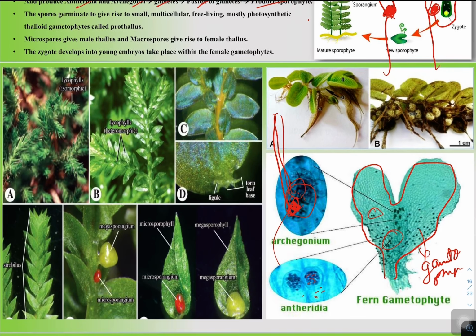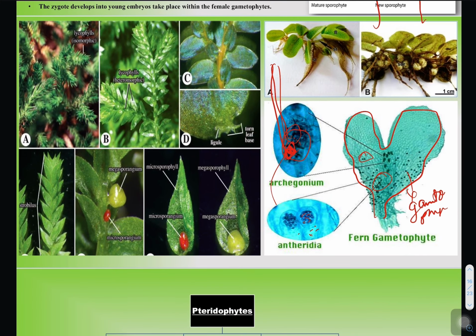See here, this is an example of Selaginella. In a single plant itself, microspore and megaspore both are present. Within the same plant, microsporangia and megasporangia are present, within which microspores and megaspores are present. They undergo meiosis and they fall down.